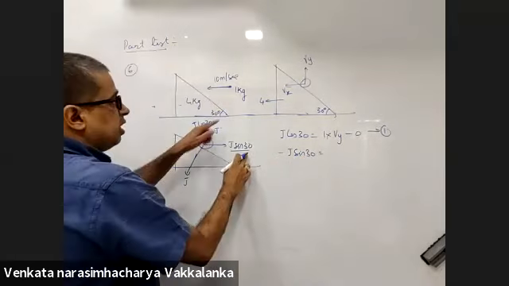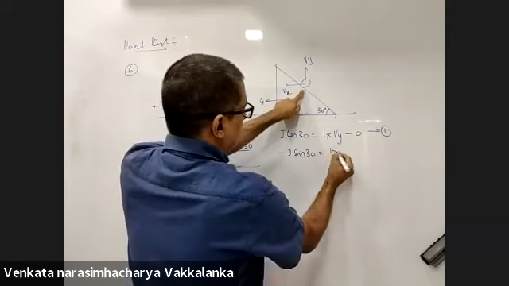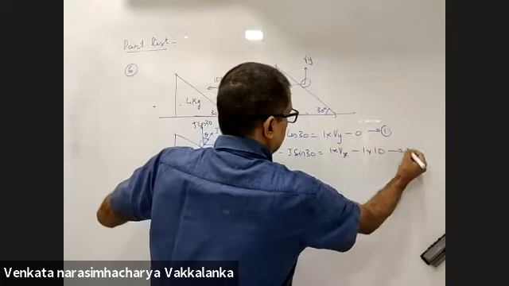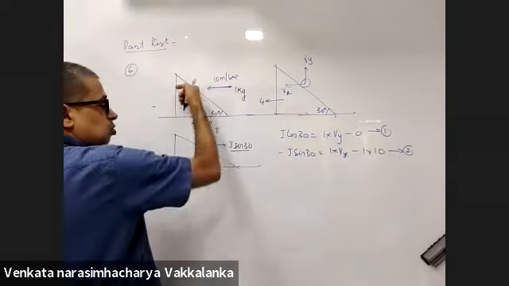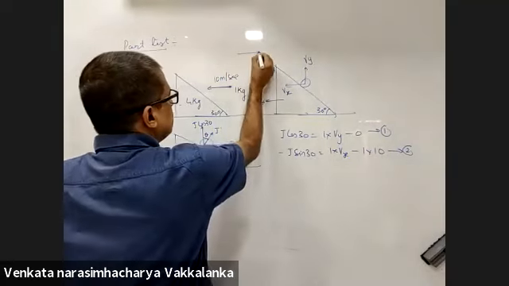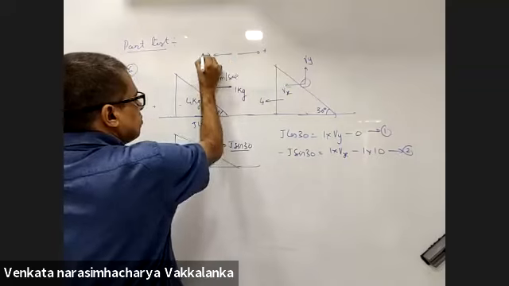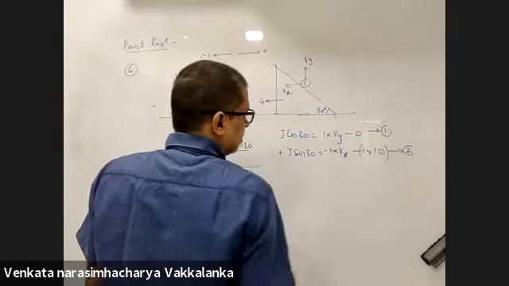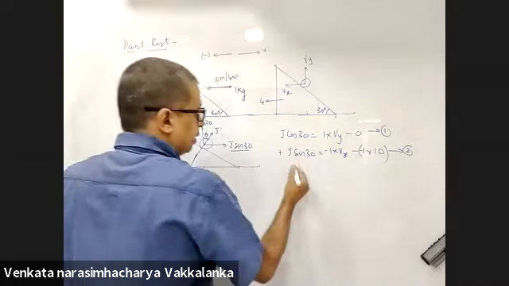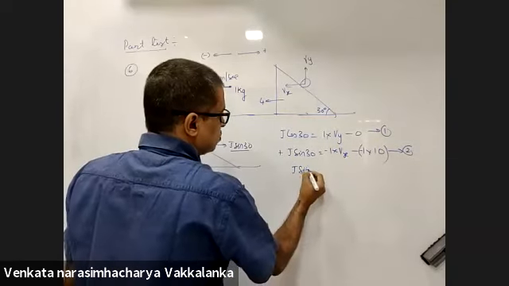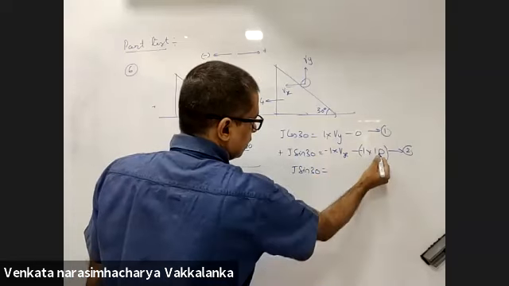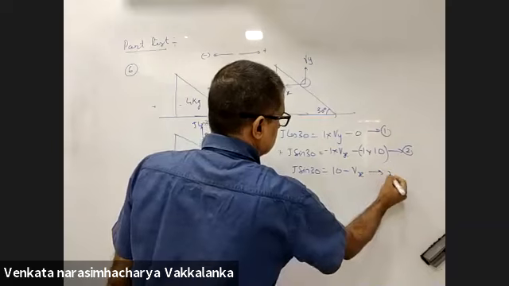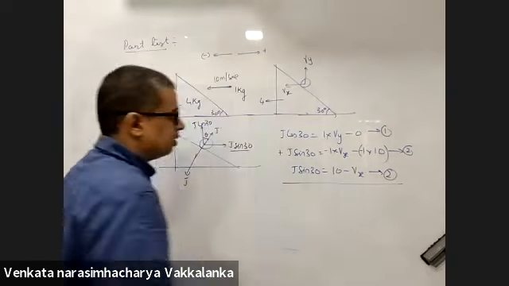I am taking this negative. Final momentum is 1 into Vx minus 1 into 10. Take this negative, this positive, so that you are safe. So technically J sin 30 will become 10 minus Vx. This is my second equation.